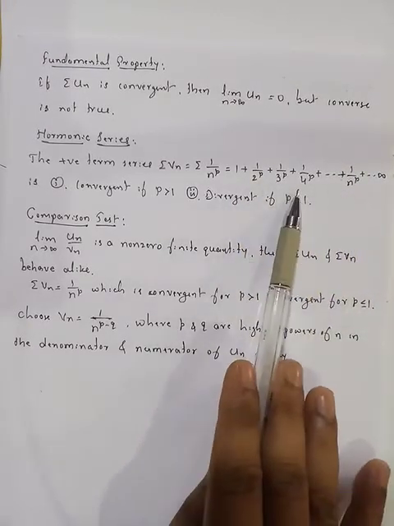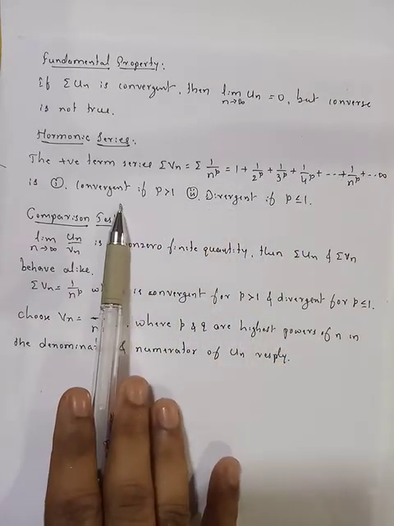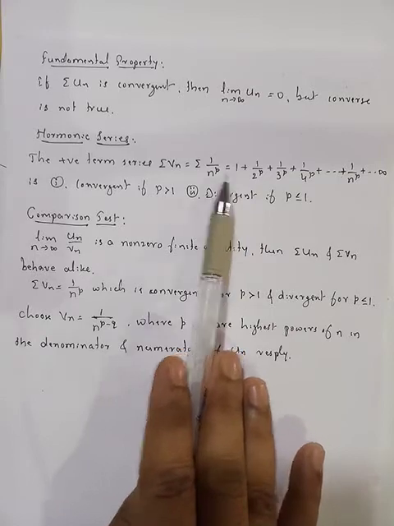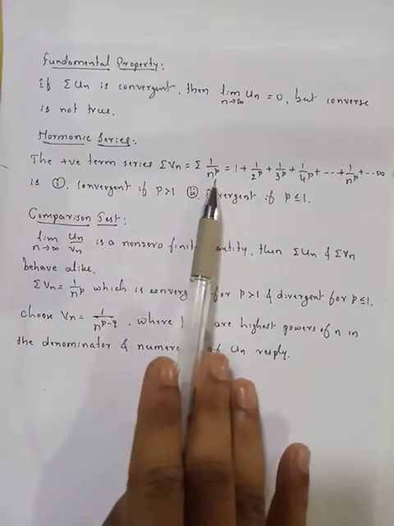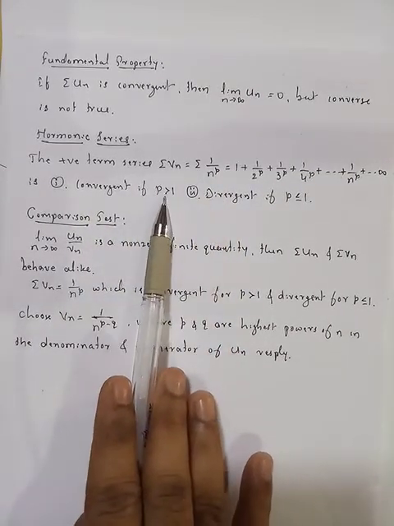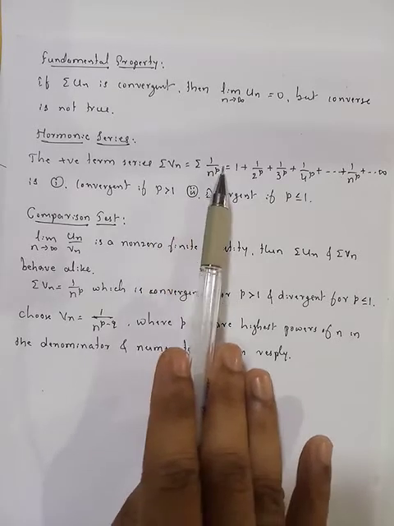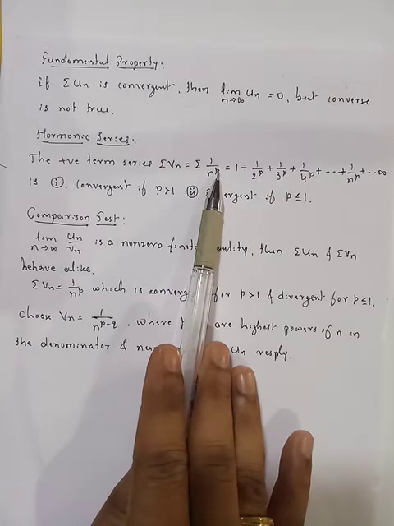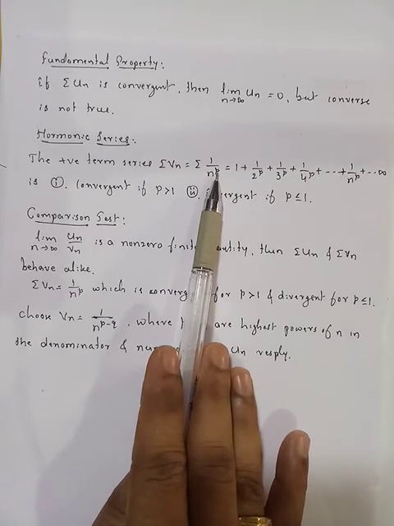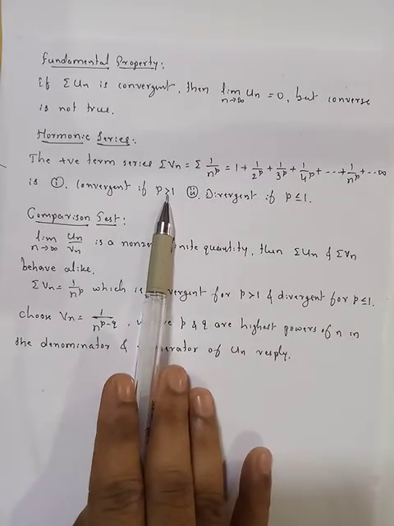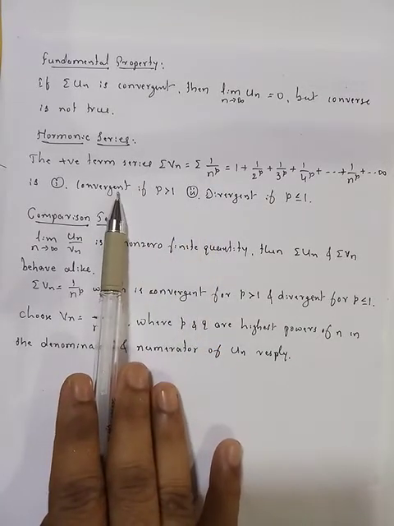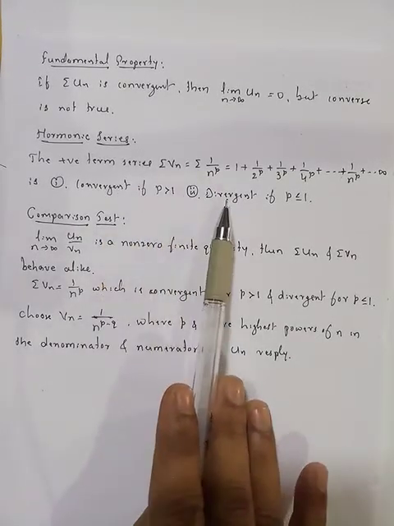Now for this harmonic series we have the conditions: the series is convergent when p is greater than 1. For example, 1 by n square, here p equals 2, which is greater than 1, so it is convergent.